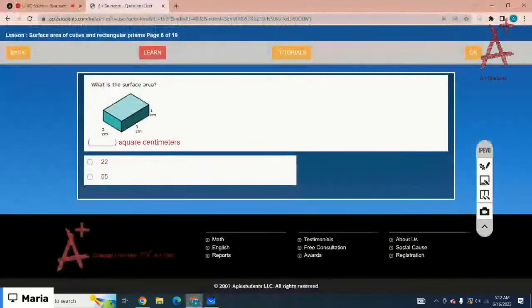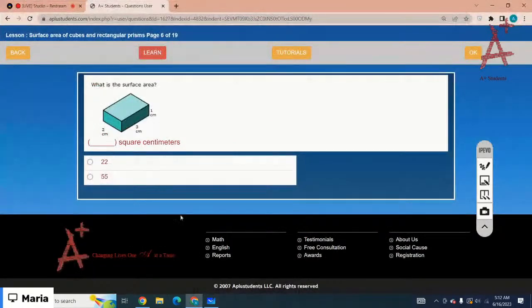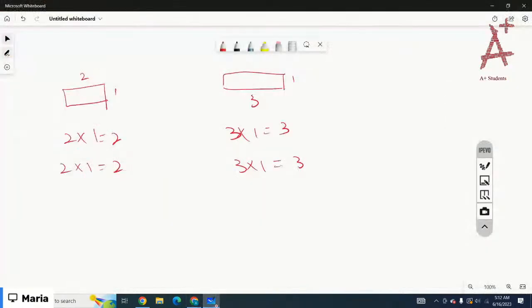The next one is 3 and 1. It would be 3 times 1 and 3 times 1. The next one is 2 and 3. So you have to do 2 times 3, that is 6.